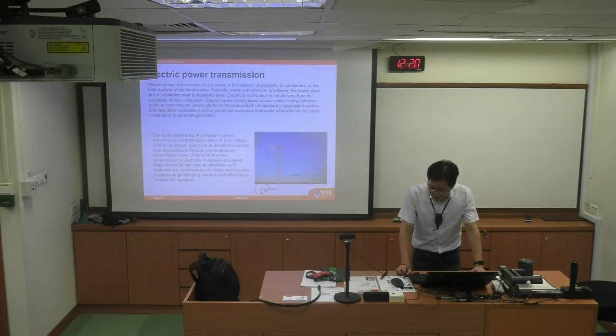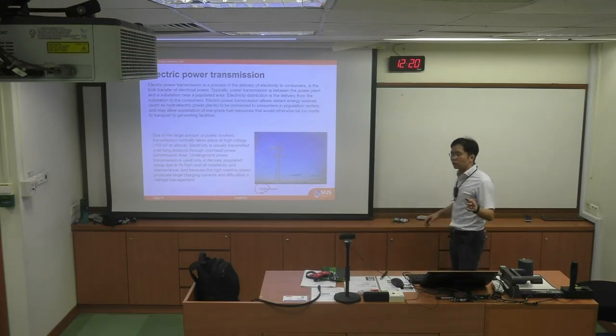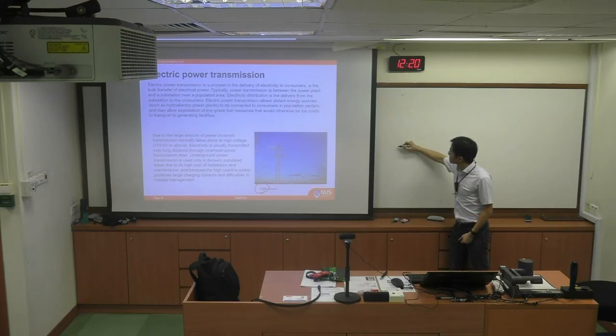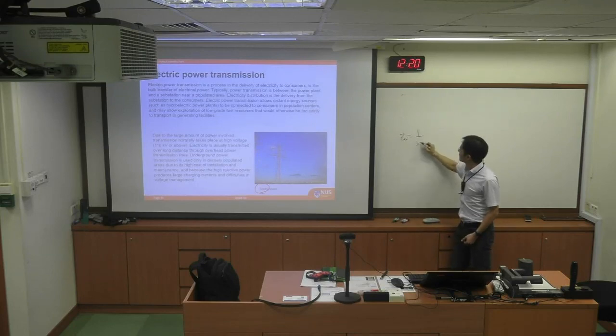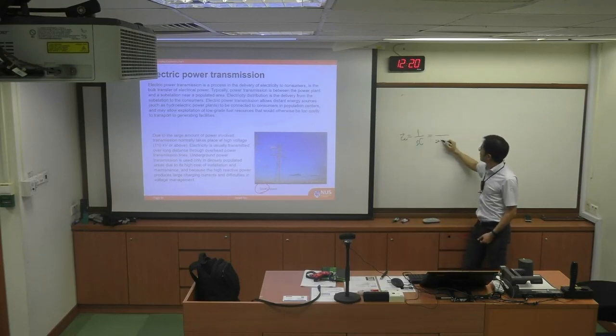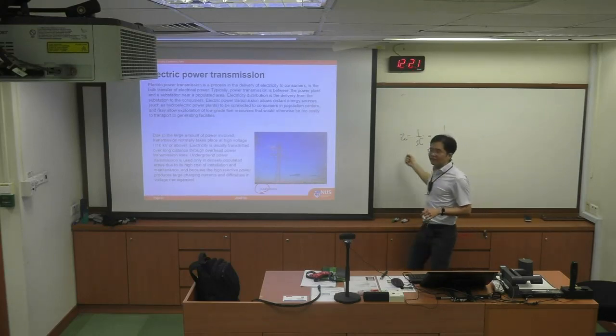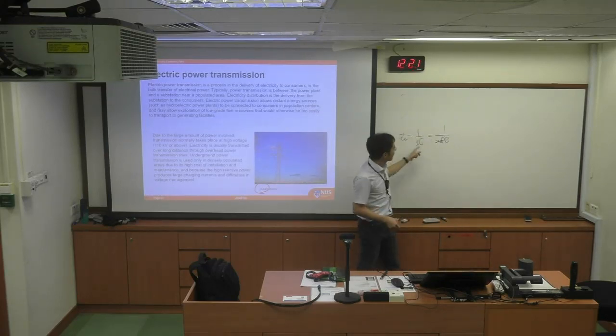And you might be thinking, this is also relevant to what we have learned from lecture 1 about the capacitance, right? Capacitance impedance is 1 over sC, which is 1 over 2 pi f C. Capacitance is impedance.